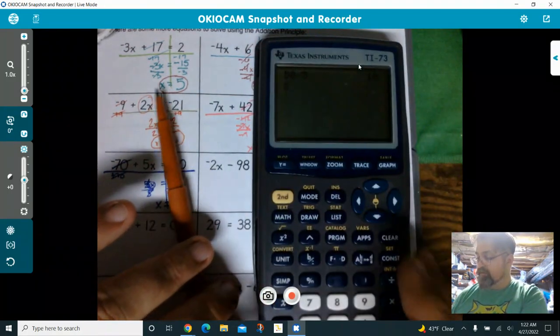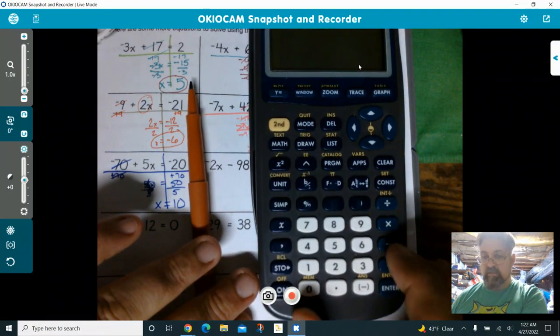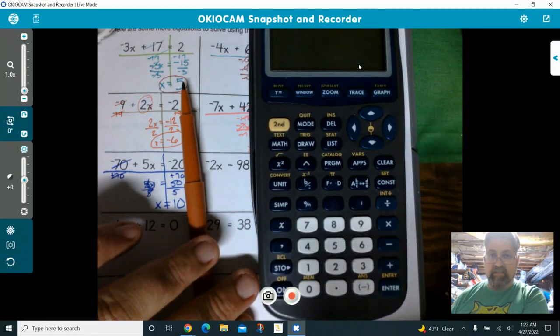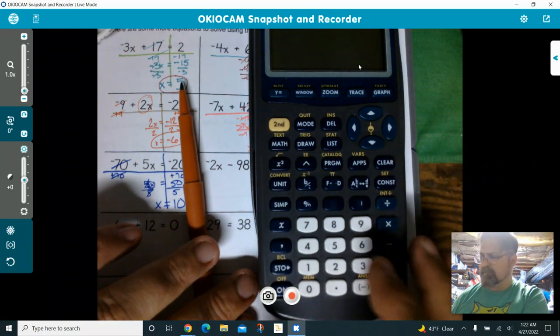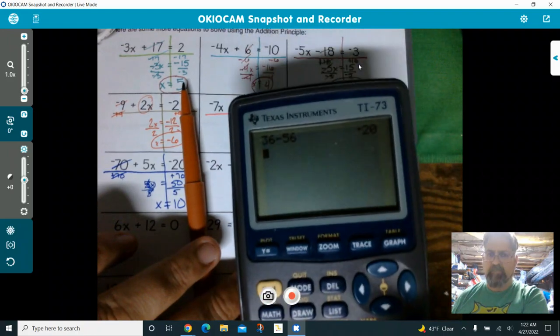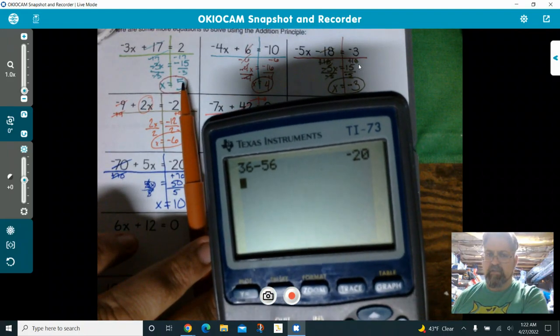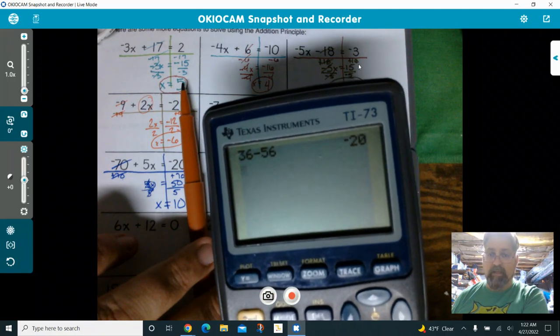So that means I have 36, take away, minus, take away, subtract, same thing, 56. That enter button, I have negative 20 there because we're taking away more than we had to start with, right?